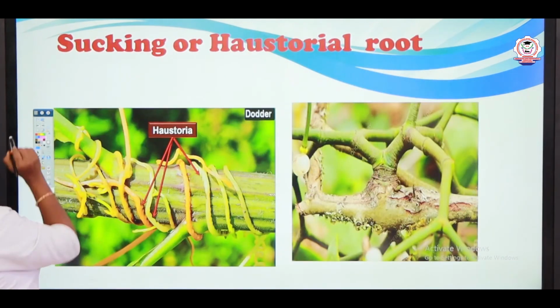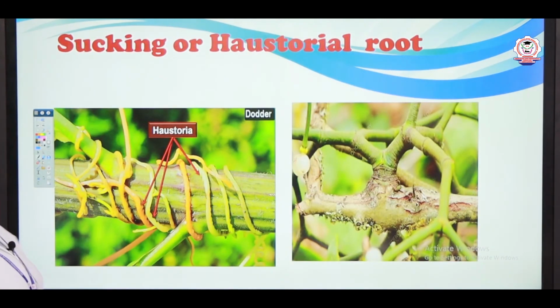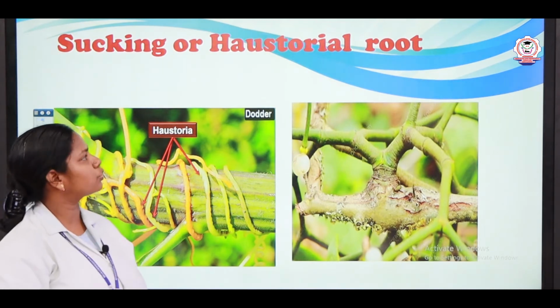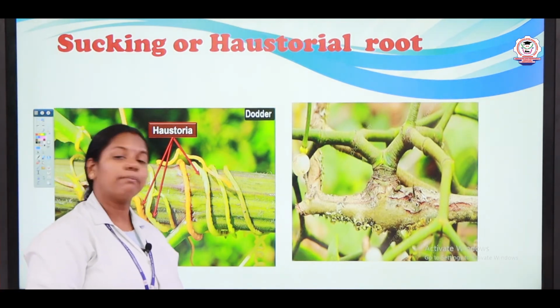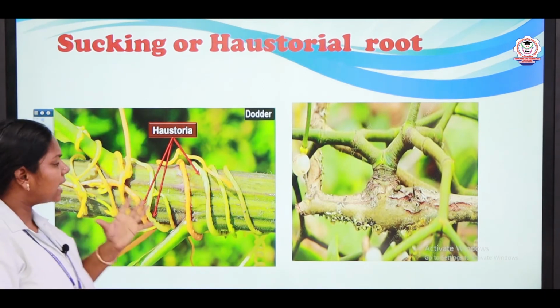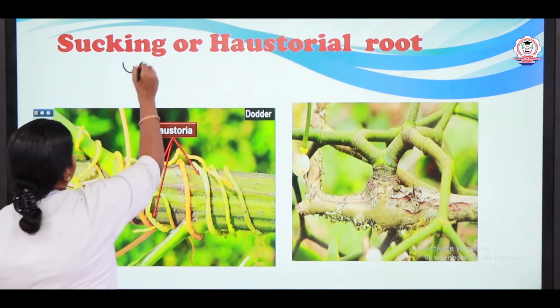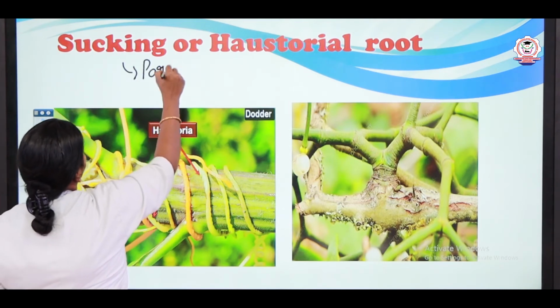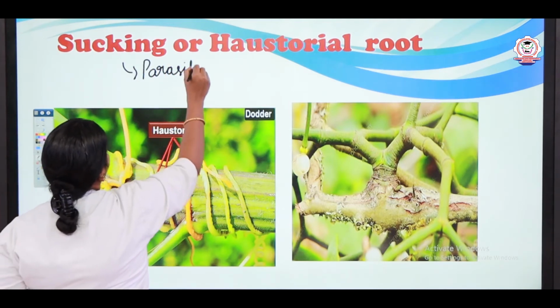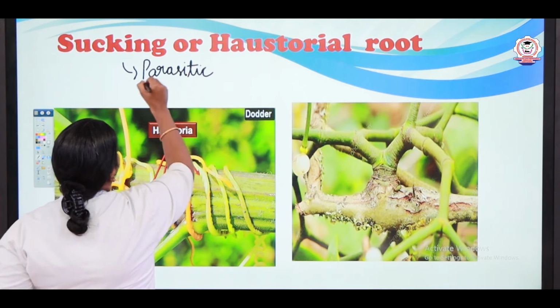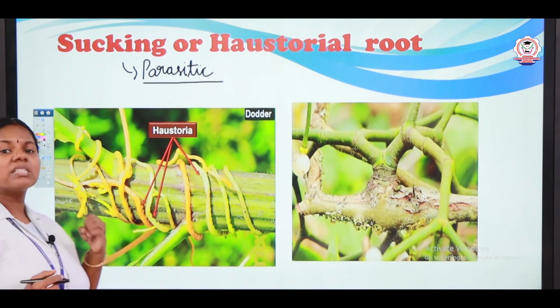So another important function is the sucking or haustorial root, right? Some roots you can see depend on another plant. Such roots we can also call parasitic roots. Parasitic means they cannot survive alone.